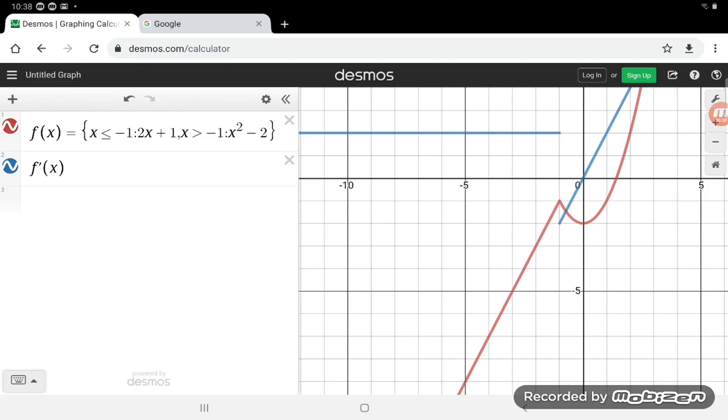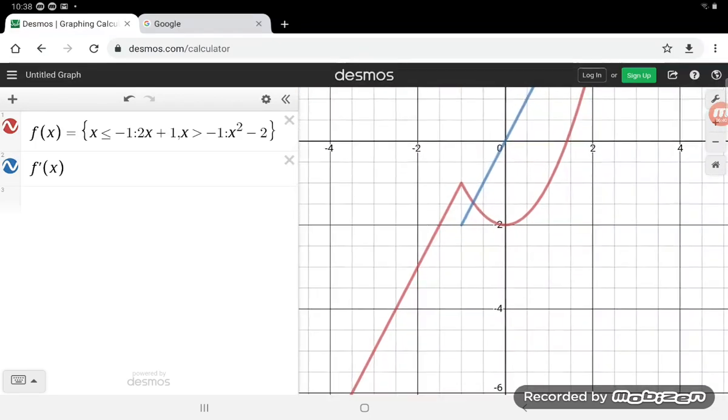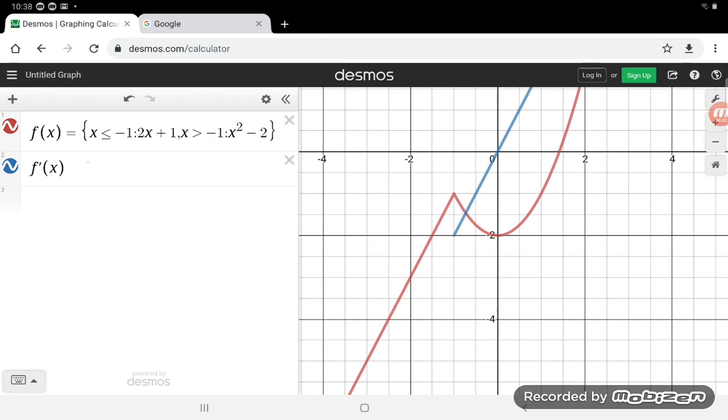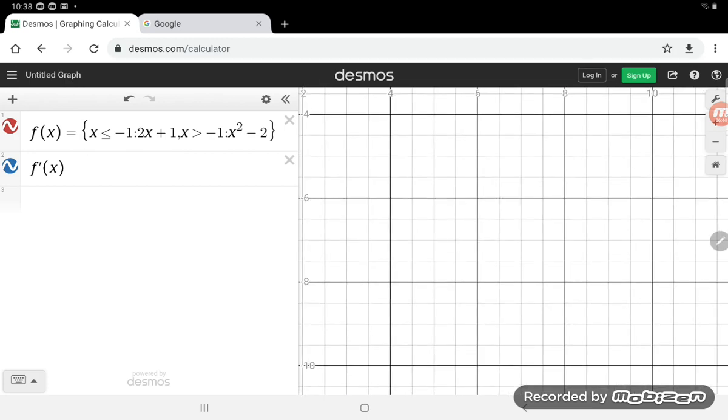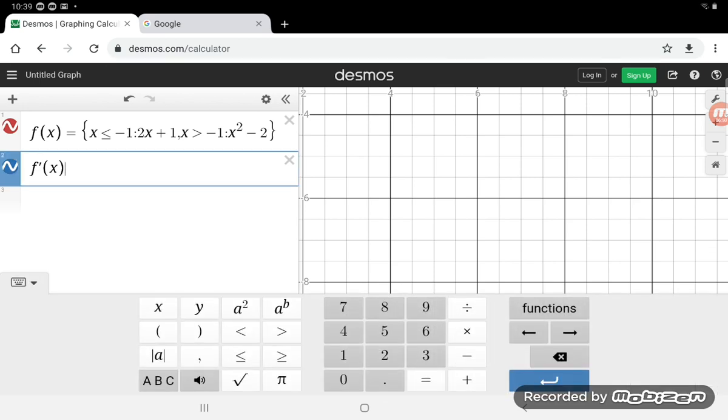So you can see how I put in this piecewise defined function. I put in x is less than or equal to negative 1 first, then a colon, and then the definition of the function for that domain, 2x plus 1. Then a comma to separate things out, and x is greater than negative 1 for the other part.